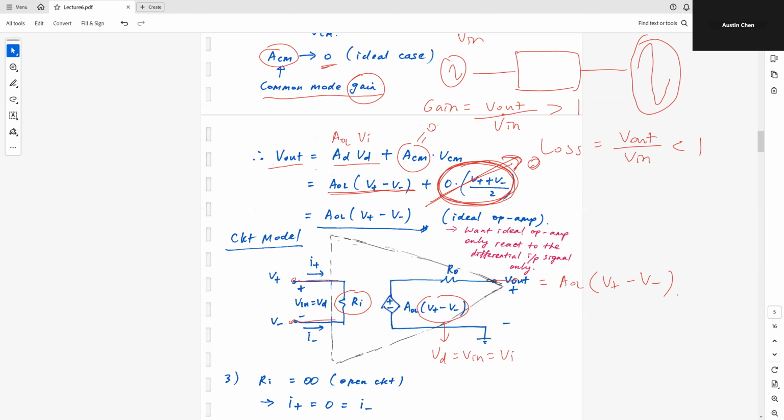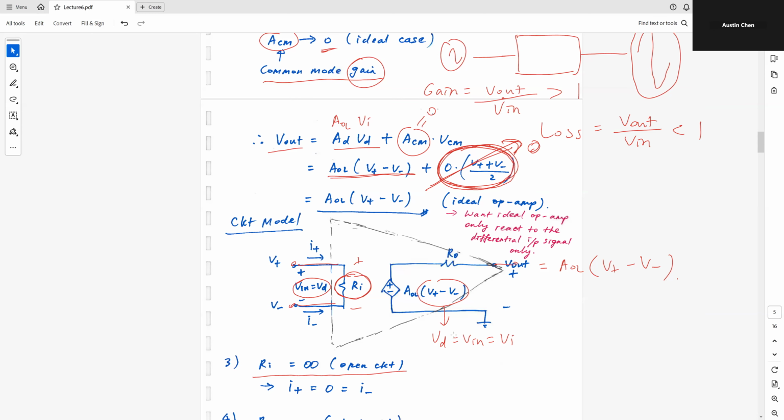So in order for me to see this VD equal to V plus minus V minus, I really need this Ri to be as large as possible. If Ri is as large as possible, then all of the voltage will be dropped across this Ri. So when Ri is equal to infinity, it is an open.